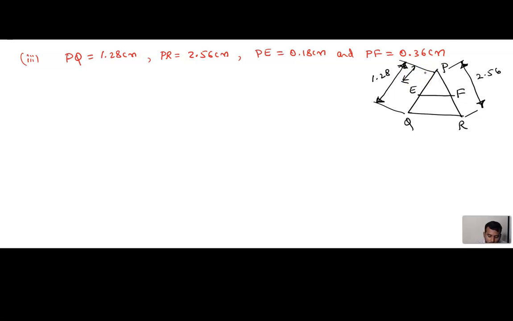Half. How much is PE? 0.18 centimeter. Next, PF means he has given from here to here. Am I right? How much? 0.36 centimeters.